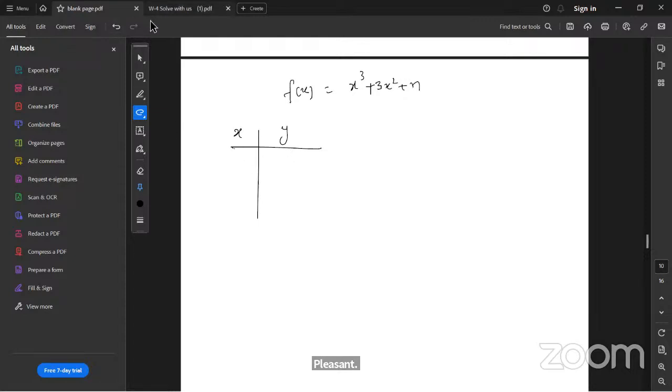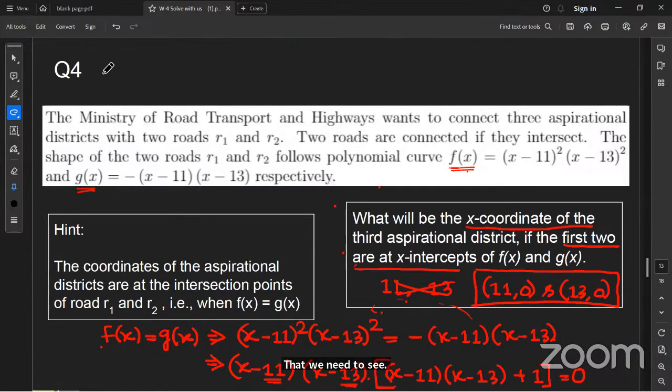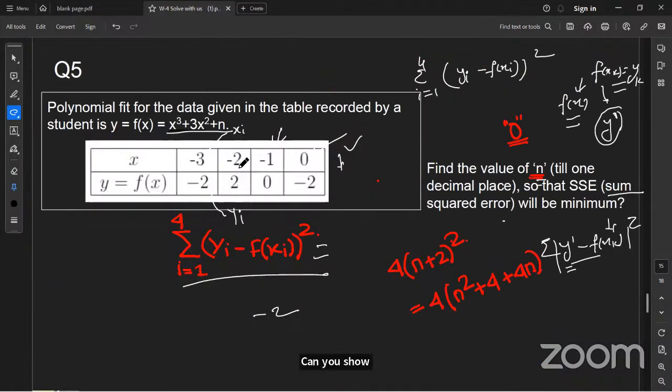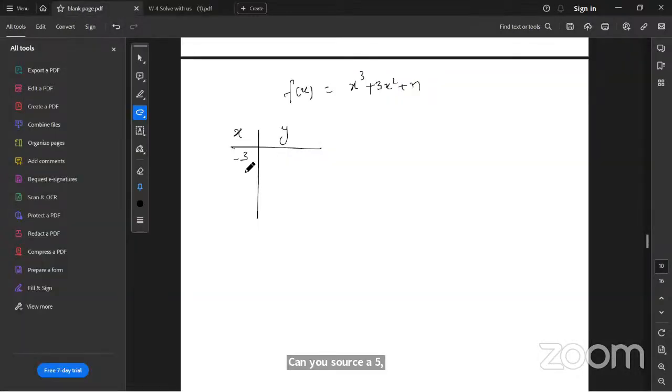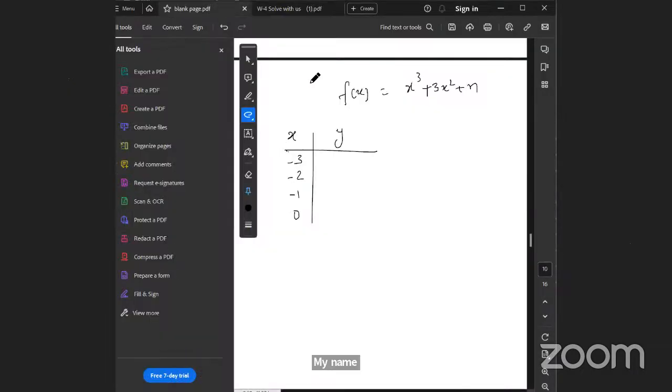At -3, -2, -1, 0, the values are -2, 2, 0, -2.